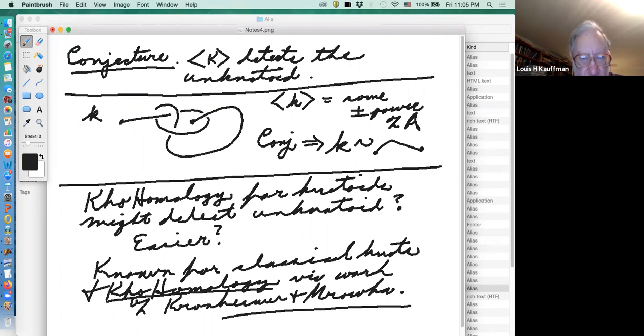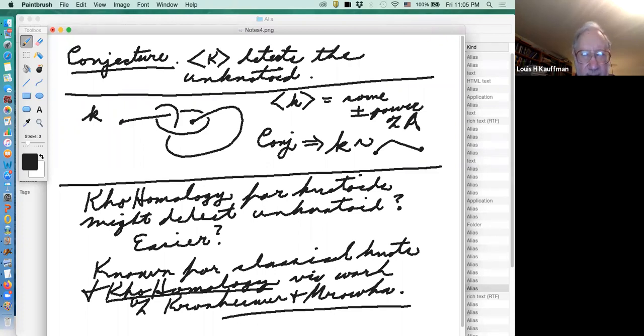So while we don't know if the Jones polynomial detects the unknot, we do know that Khovanov homology detects the unknot by gauge theoretic methods. And it could be that the gauge theoretic methods can be transferred to knotoids, in which case it might be possible to get a proof that Khovanov homology for knotoids detects the unknotoid. And to prove it at the combinatorial level of the polynomial may be very, very hard.